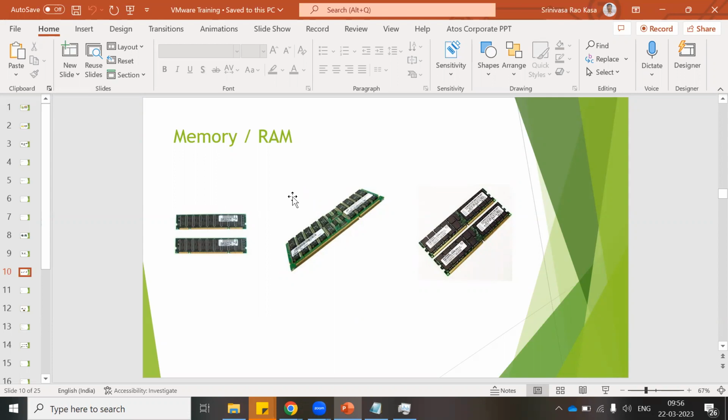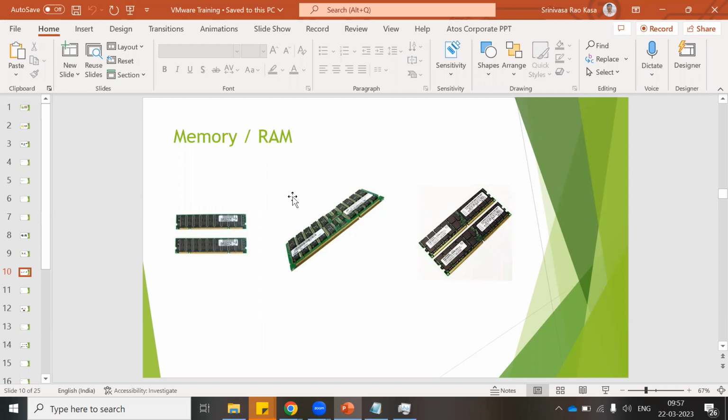For example, my Android mobile has an octa-core processor, 2 GB memory, and 32 GB storage.